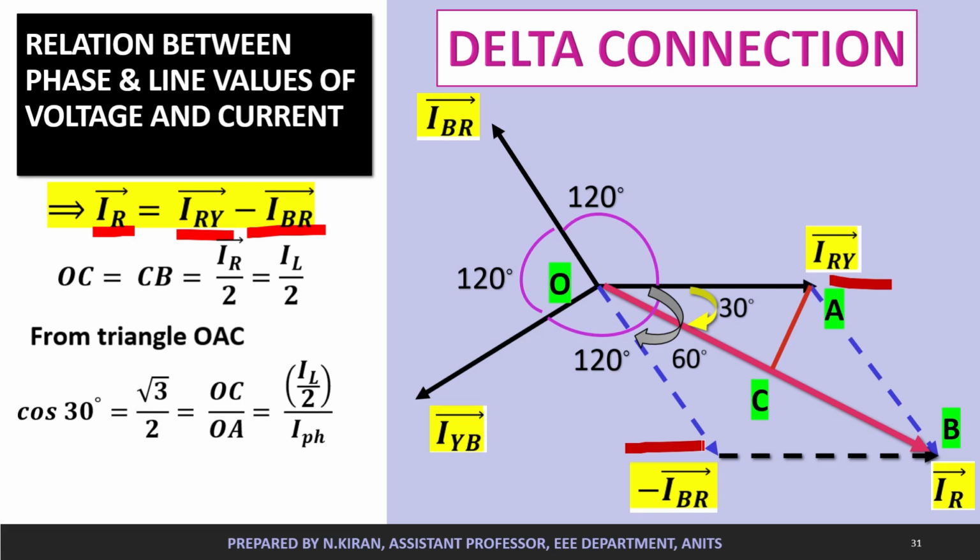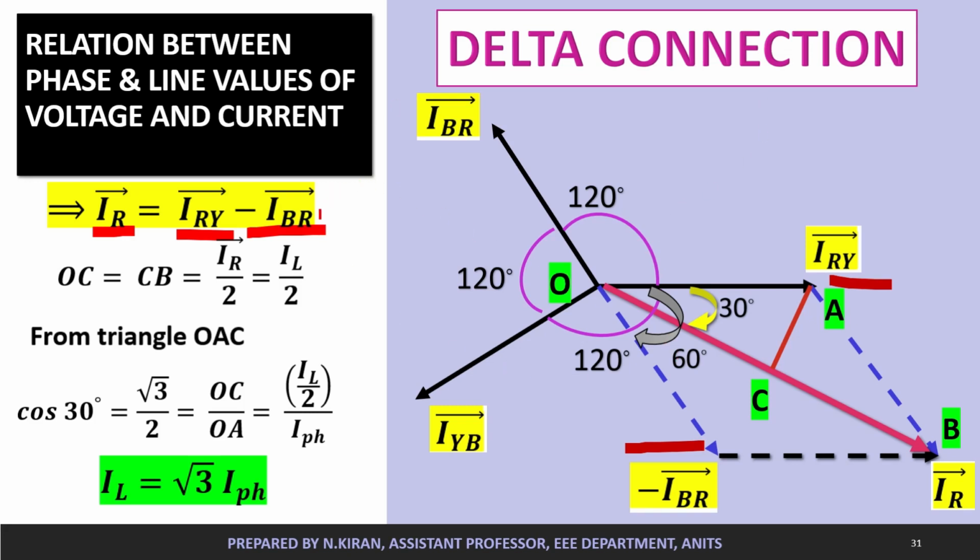Cos 30 will give me OC by OA. The length of OC is line current by 2. The length of OA represents phase current. On cross multiplication, this gives me IL is equal to √3 I phase. So in delta connection, the magnitude of line current is root 3 times the magnitude of phase current.